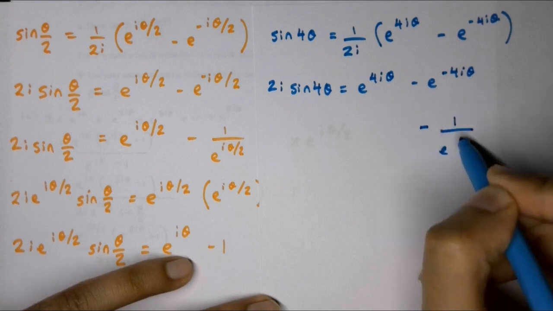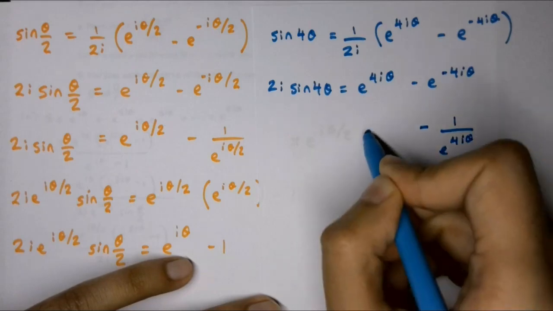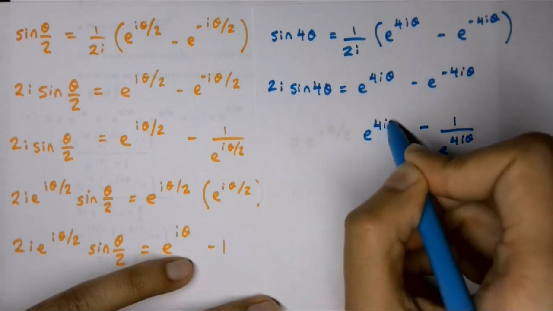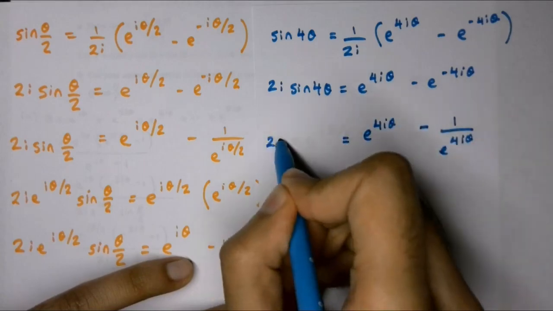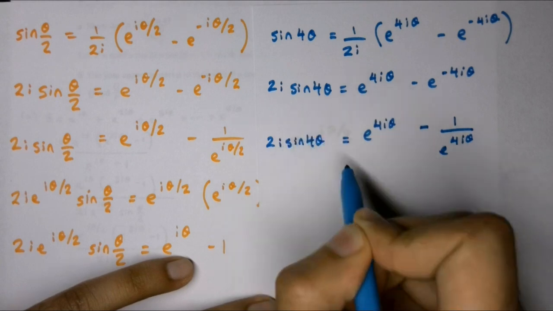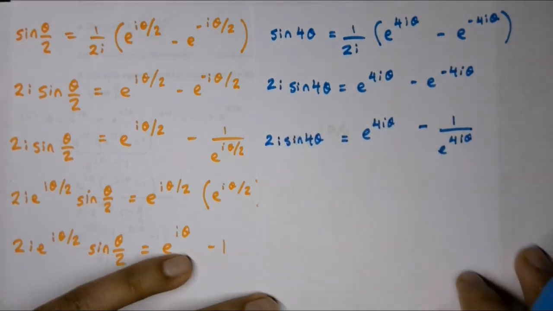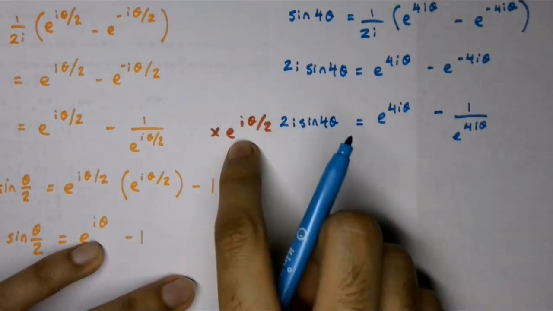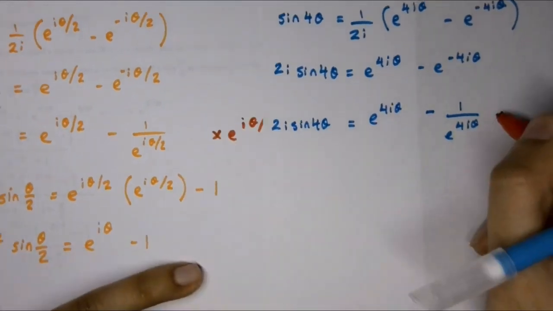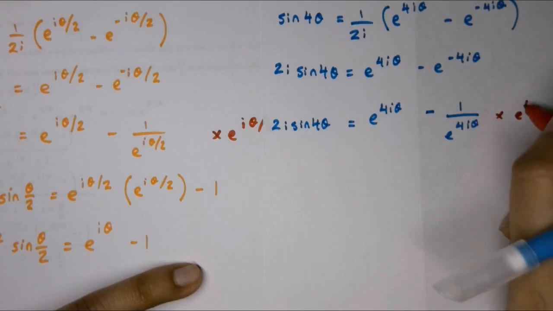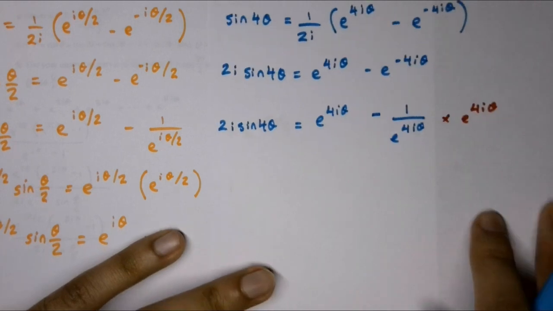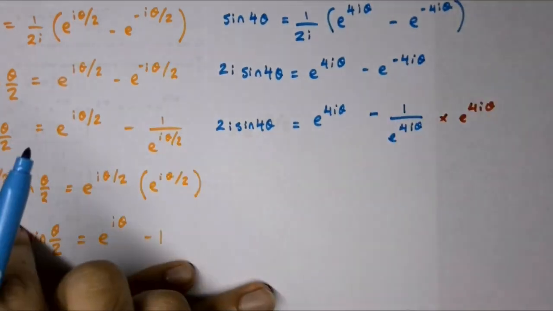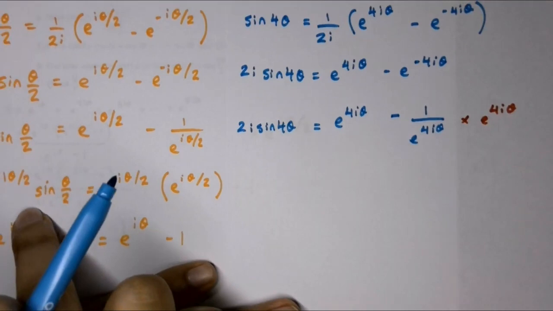So here we have 1 over e to the 4i theta, and here we have the e to the 4i theta, and this is equal to the 2i sine 4 theta. And as we did over here, let's multiply through, in this case, by e to the 4i theta. When we do that, over here we'll end up with a similar result to what we have on this fourth line over here.